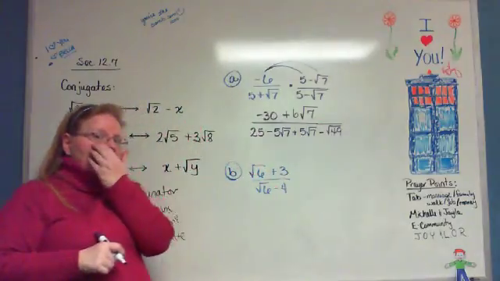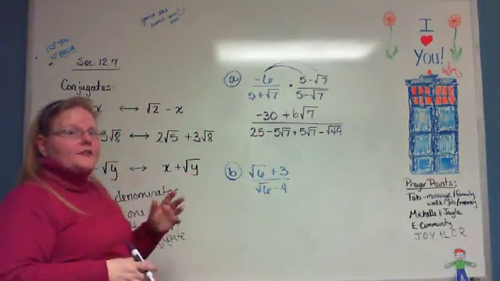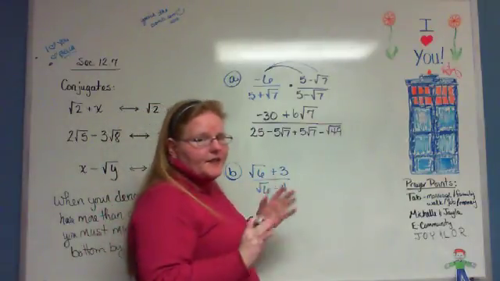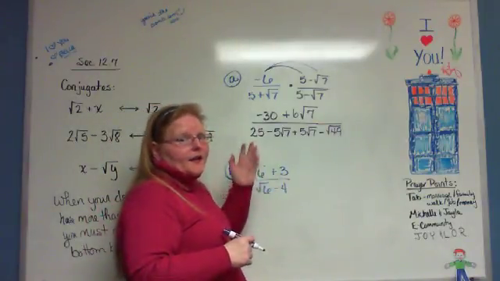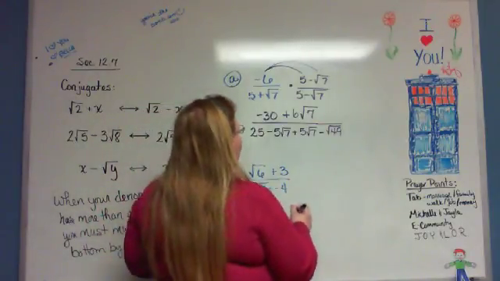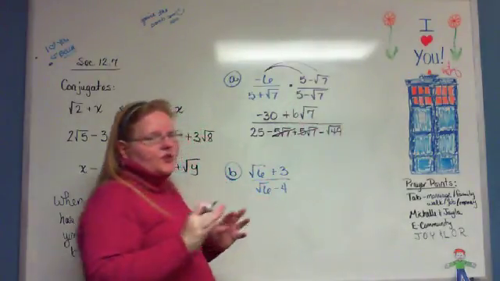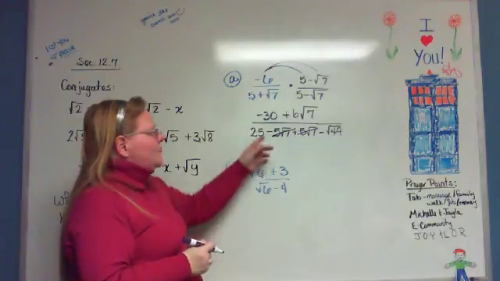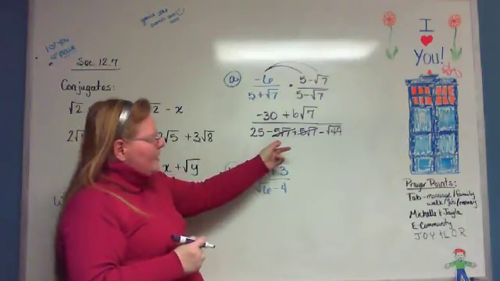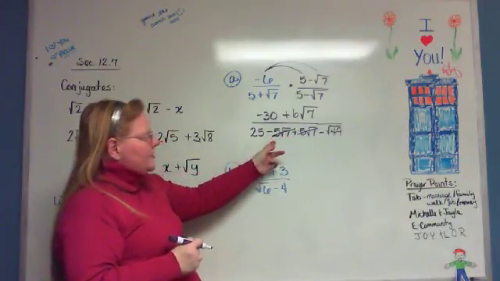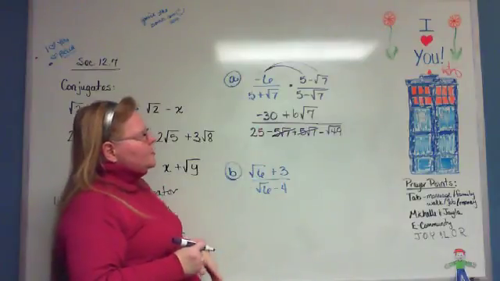We did a problem like this last section. I talked about one. So you could see how everything just kind of went away and gave you just one number on the bottom. So here, that's why you're doing it by the conjugate, so you can have this happen on the bottom. Our positive 5 square roots of 7 and our negative 5 square roots of 7 cancel each other out.